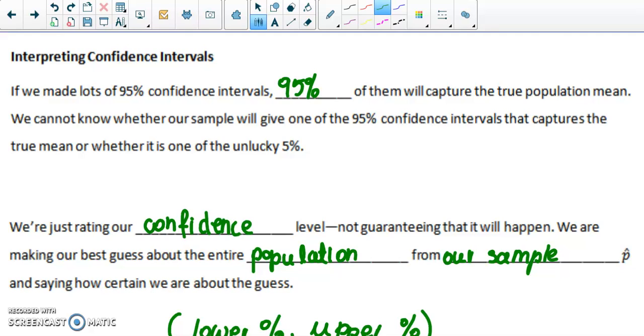One last thing is about interpreting confidence intervals. So how do we do that? It's always the same sentence you can use.